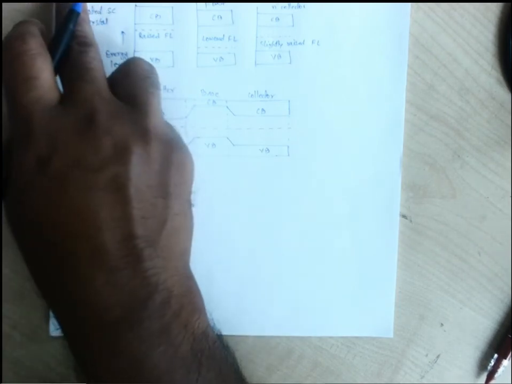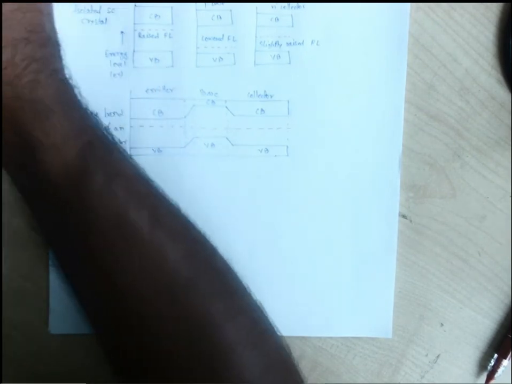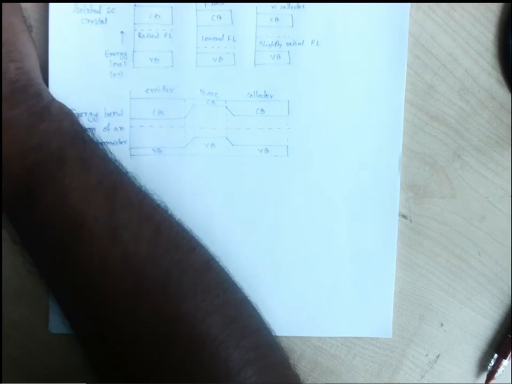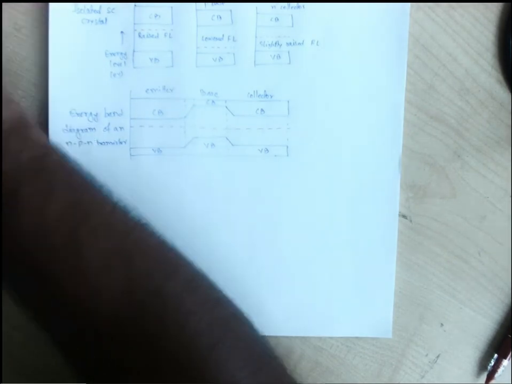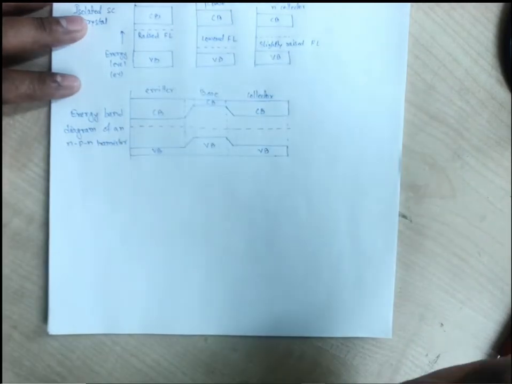Now let us go with the biased transistor. So we'll find out for the biased transistor what happens, and how the current will flow in a biased transistor.